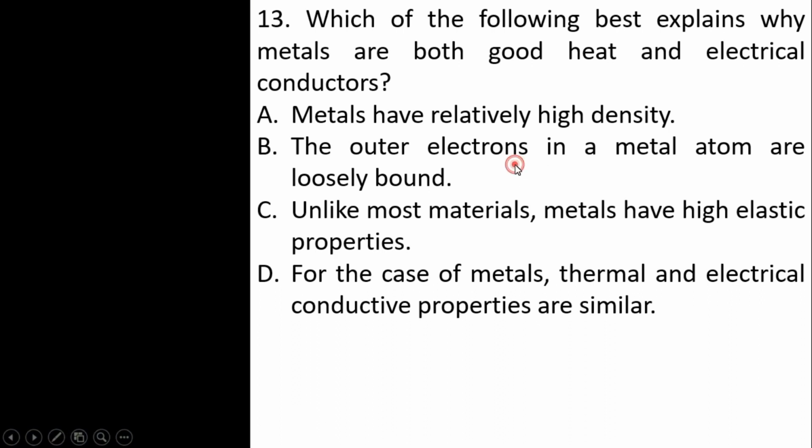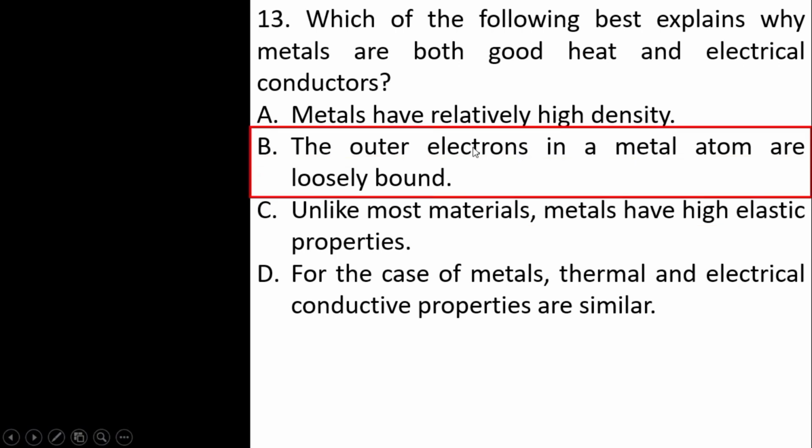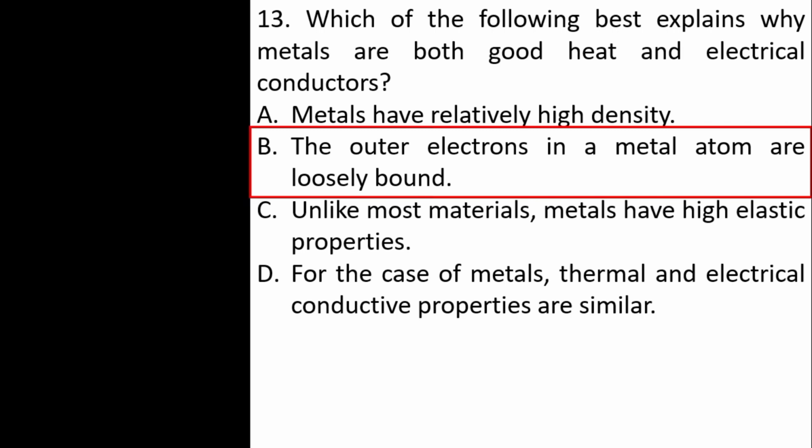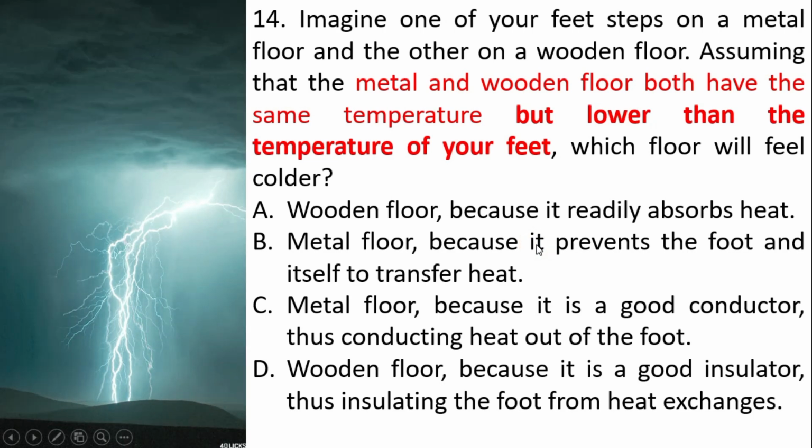Okay, so the correct answer here is letter B. The outer electrons in a metal atom are loosely bound. So meaning they can easily be transferred, the electrons of metals, especially conductors. They can easily be transferred from one atom to another atom because their valence electrons or outer electrons are loosely bound.